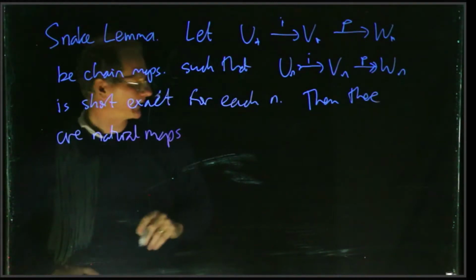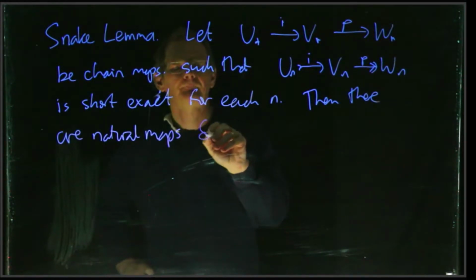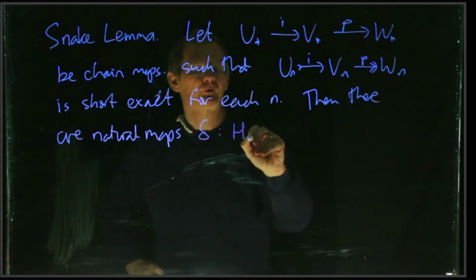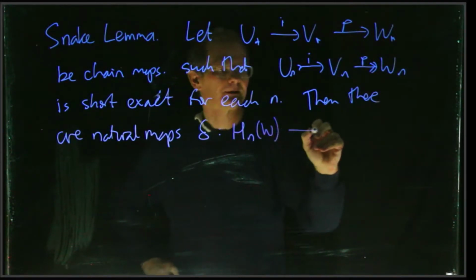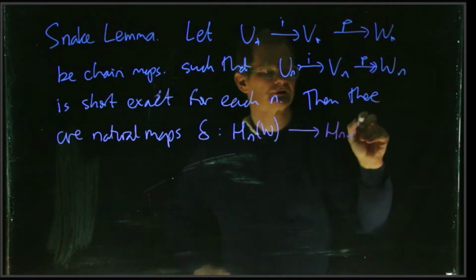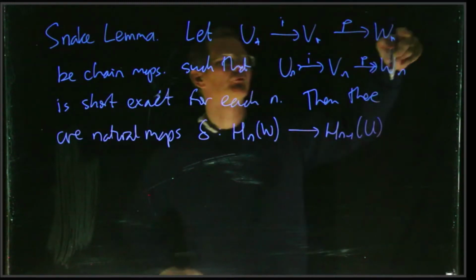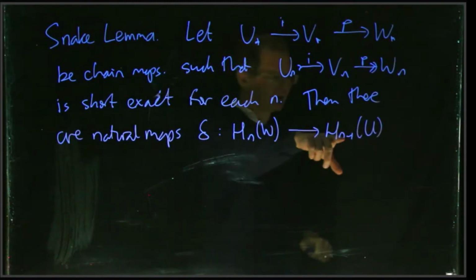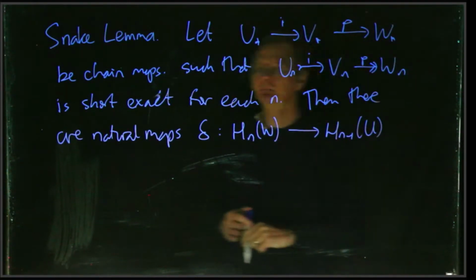Then the claim is that there are natural maps, delta. So this is going to go from nth homology of W back to the n minus first homology of U. Okay, so we're kind of going from W back round to U, but shifting dimensions down by 1.